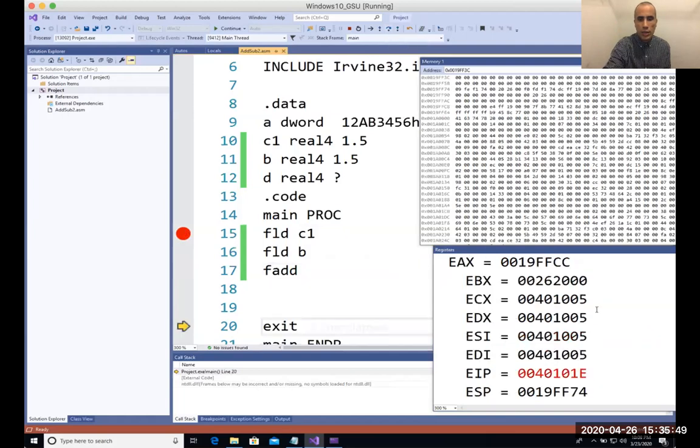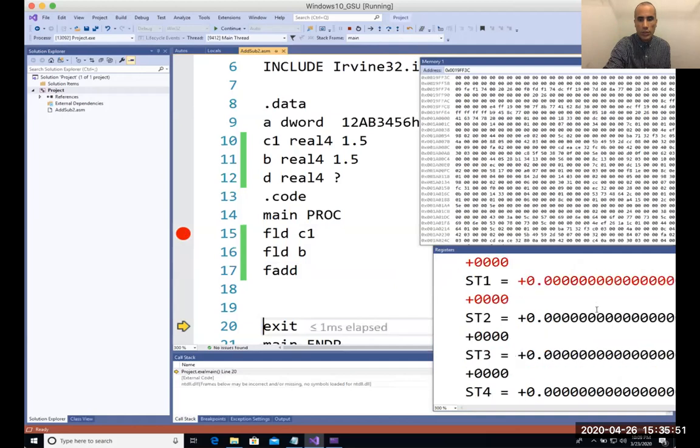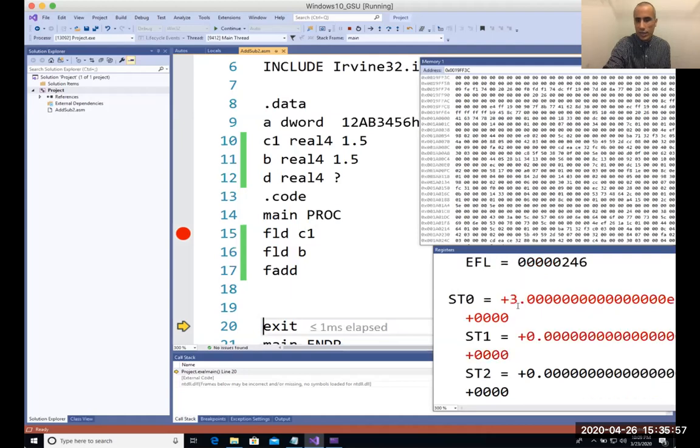Now let's go and look at the floating point. And then you will see now the top of the stack, I'm sorry, is 3. And since it pops the top of the stack, whatever value you had in ST1 is going to be overwritten by a 0. I hope that's very clear.